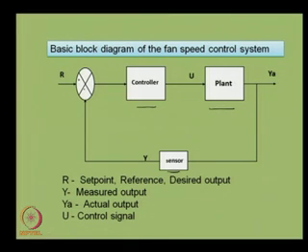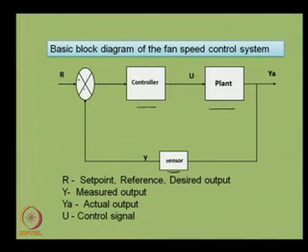So, plant, sensor and controller are the three basic components of a basic control system. Y A refers to the actual output of the system, whereas Y is known as the measured output. There could be differences between the two depending on the accuracy of the sensor. So, it is very essential to model and employ an accurate sensor for many control systems.